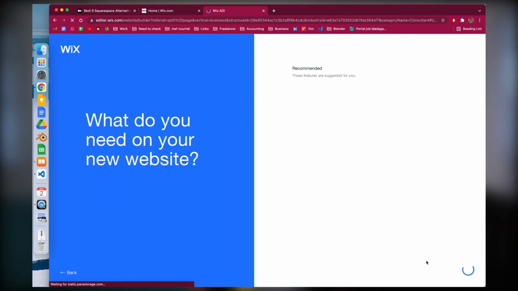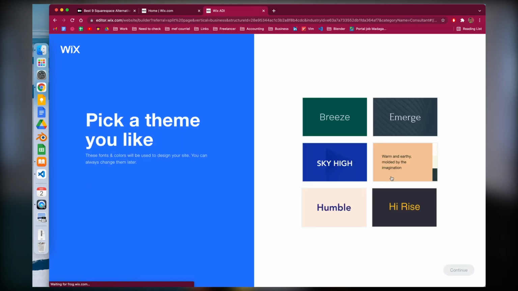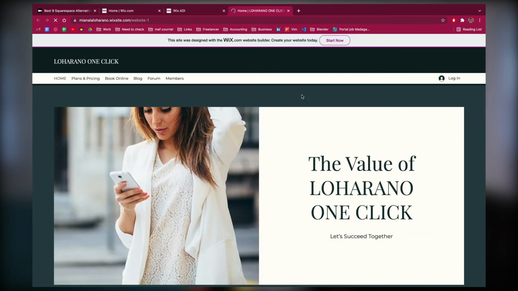Secondly, we can use services. There are services like Squarespace or Wix. They can help us make a website in minutes. And the way to do that, let's try it. And we're done! How fast was that?